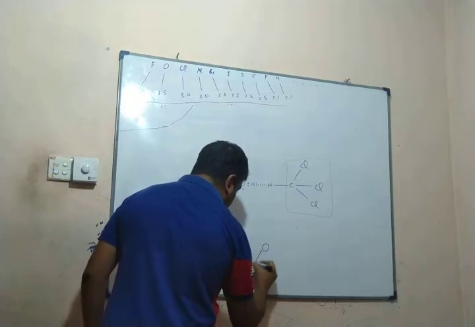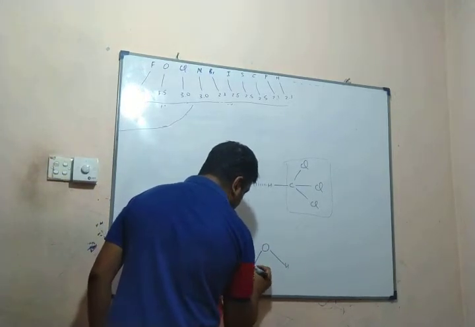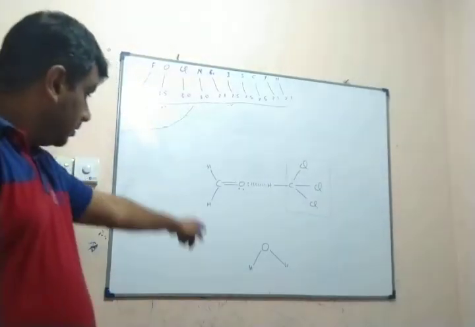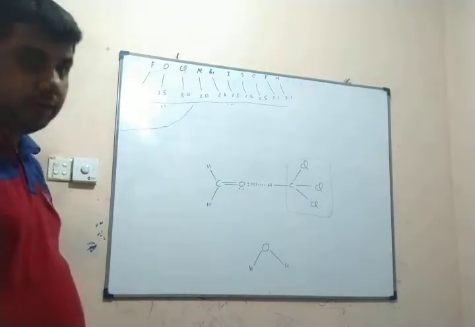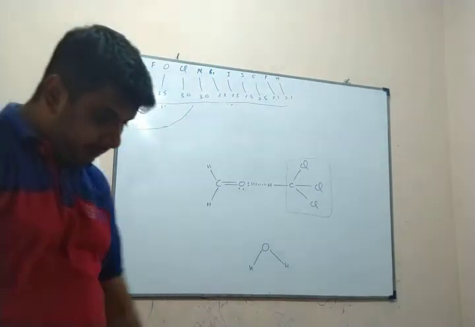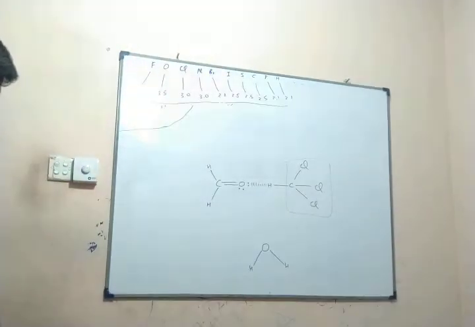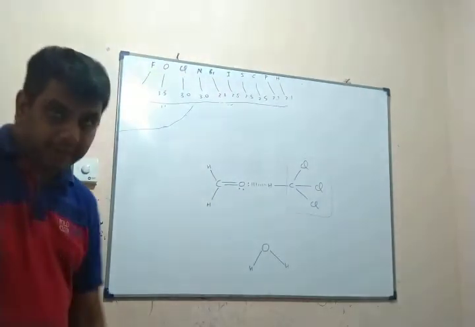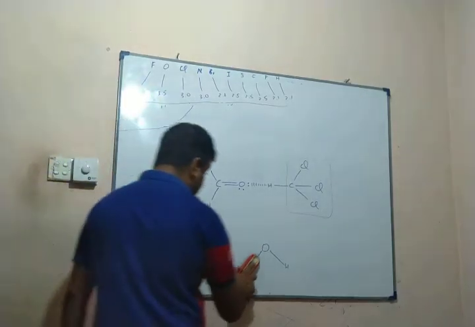In a water molecule, there are two OH bonds and two lone pairs.